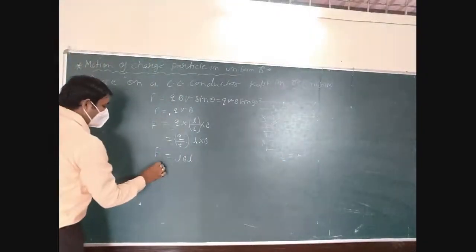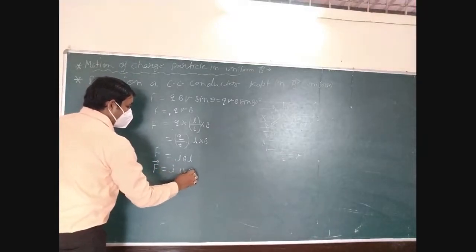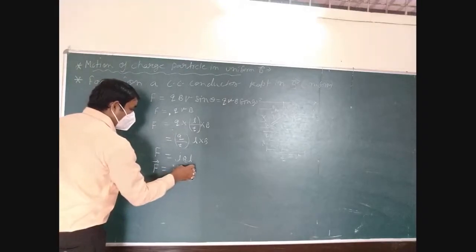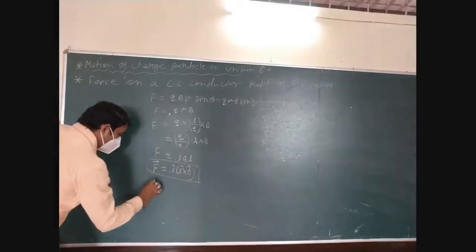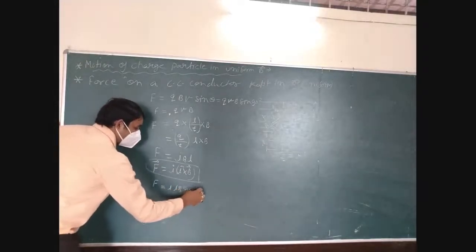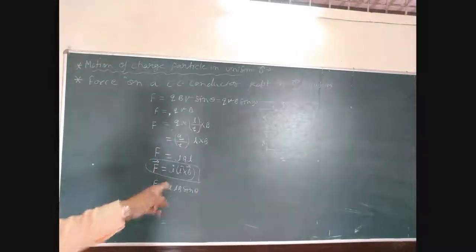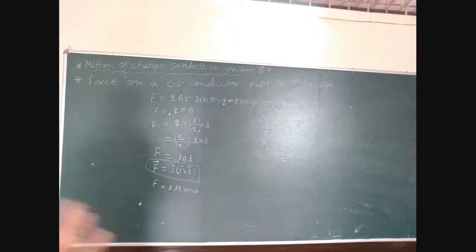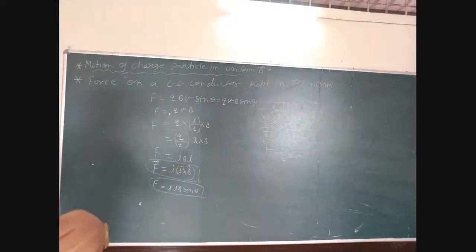In vector form you can write this as I L cross B. So when we open it, we get F equal to I L B sin theta, where theta is the angle between the current element and the magnetic field. This is the force experienced by a conductor when a current I is passing through it and kept in a magnetic field. Note it.